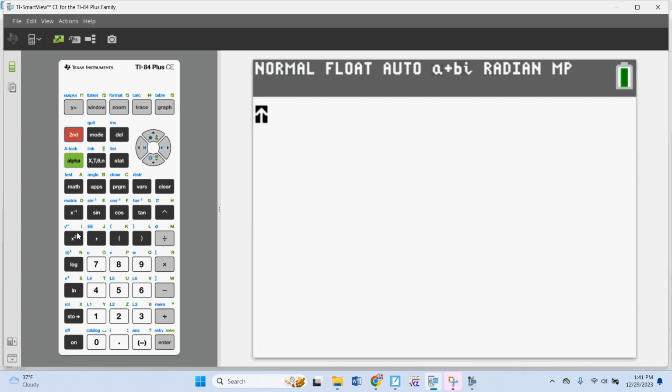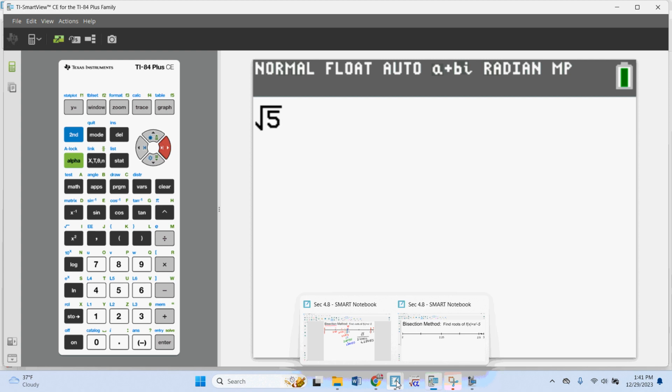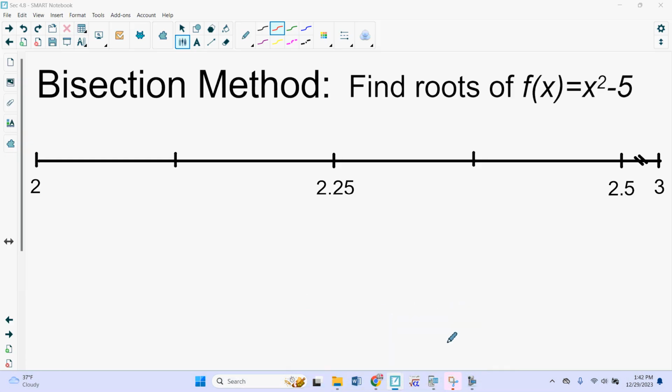Now, let's say, though, that we want to find what the square root of 5 is. We don't know what that is. So this can also be considered a method for how you could approximate what the square root of 5 is. So what we're going to do is start off looking at some numbers.